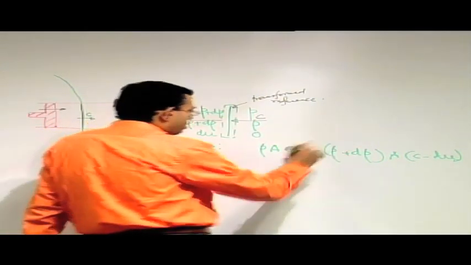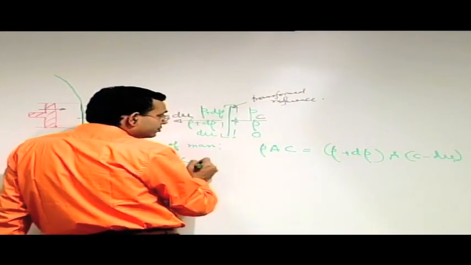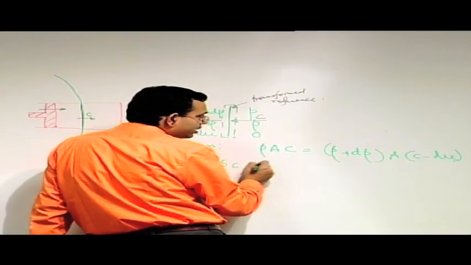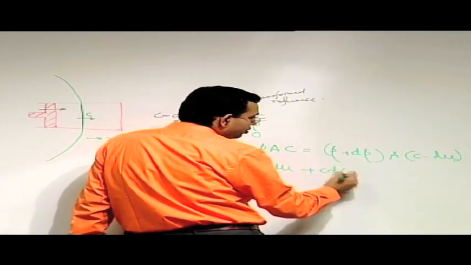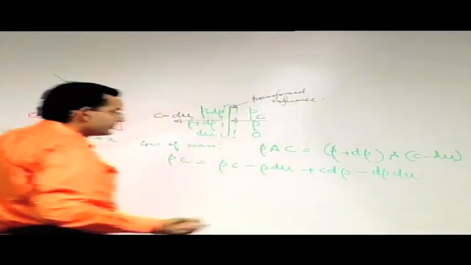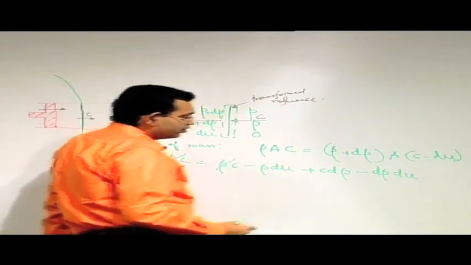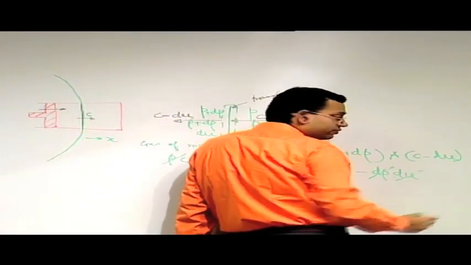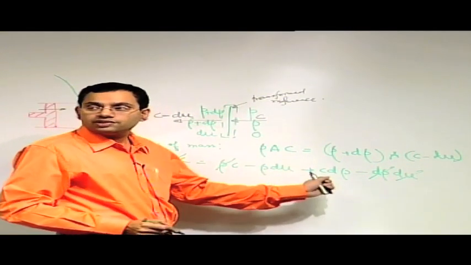Now, from here what we can write is that rho into C is equal to rho into C minus rho du plus C d rho minus d rho du. Rho into C gets cancelled out, d rho du is a product of two differentially small quantities which may be neglected in comparison to the other terms.